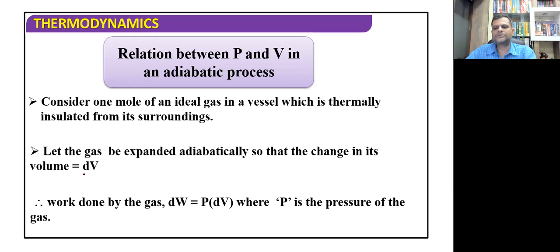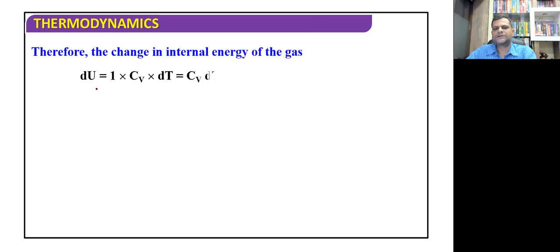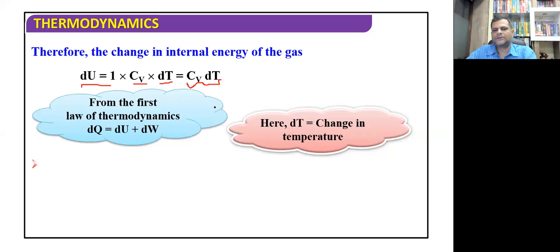Suppose that the volume changes by dV. Okay, वॉल्यूम चेंज कितना हो गया, dV हो गया, तो वर्क डन कितना होगा उसके द्वारा, P into dV इतना वर्क डन होगा. ठीक है, और ऐसे हालत में देखो ठीक से, the change in internal energy of the gas will actually be equal to 1 into Cv into dT for 1 mole only. So it will be actually Cv into dT, no doubt.